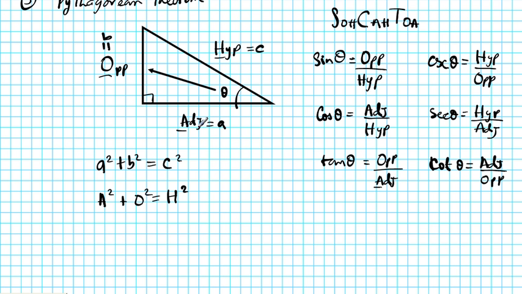What on earth did I just do? A for adjacent is just a little a, and O for opposite is this little b, and then C is h squared. So I just made a substitution here.